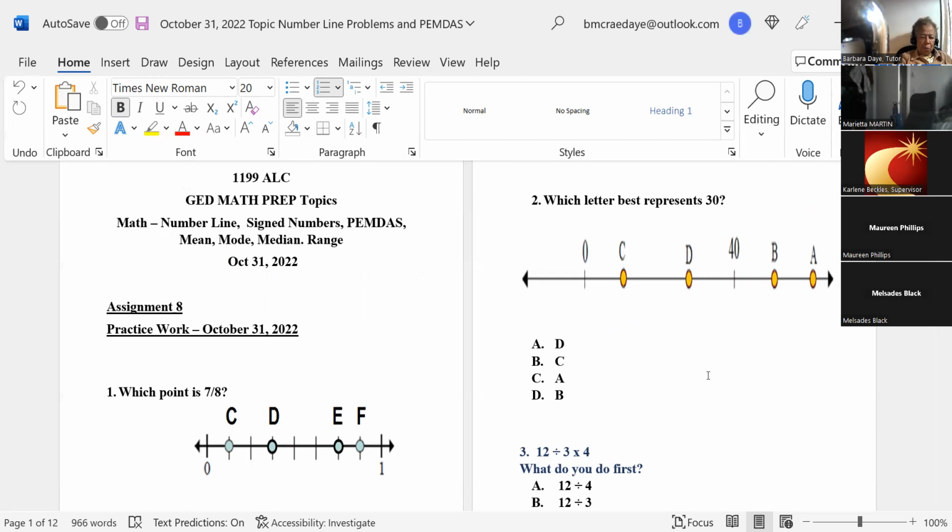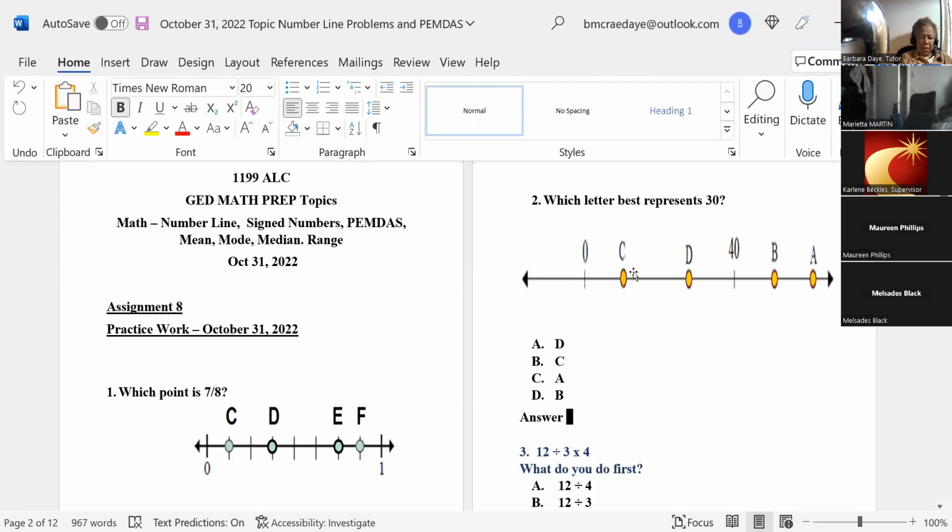I would say the letter between... So your answer is what? I'm trying to figure out the one between D and the 40. Okay, let me check it again. Which letter best represents 30?